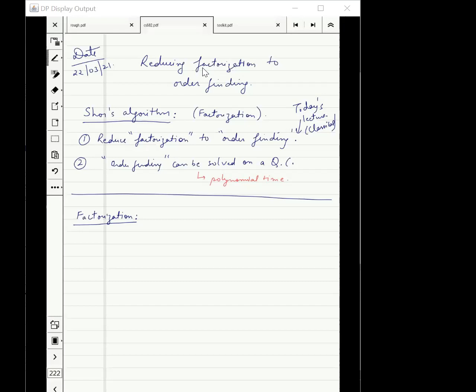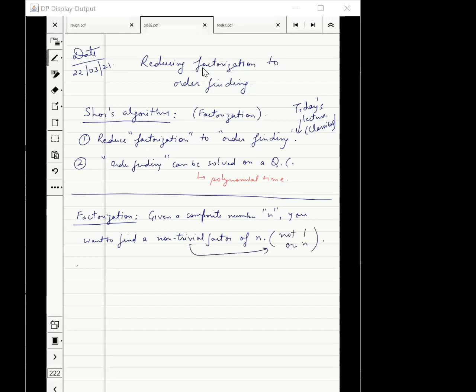Factorization is: given a composite number n, you want to find a non-trivial factor of n. When I say non-trivial, what do I mean? Non-trivial means not 1 or n.